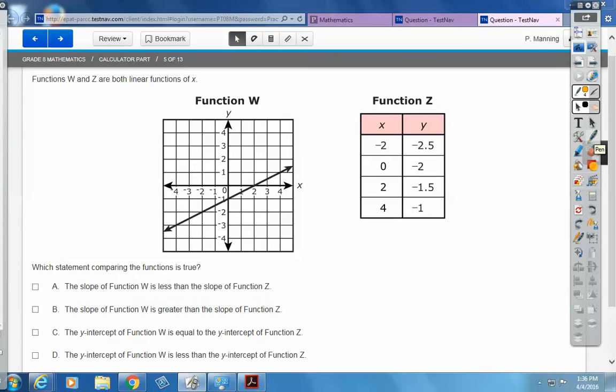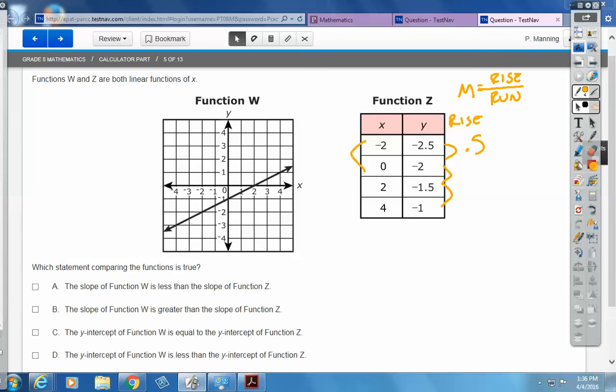And you'll remember that slope, which is abbreviated with the letter m, is equal to the rise divided by the run. The rise is going to be the difference between each of these y values, and we can see that they're going up by 0.5.